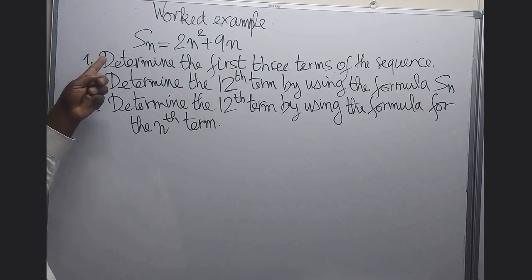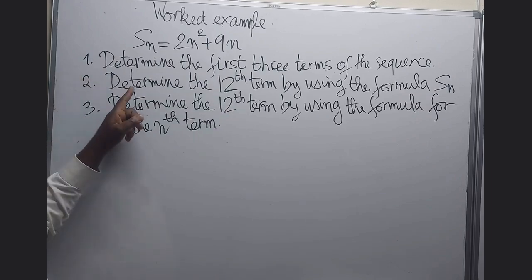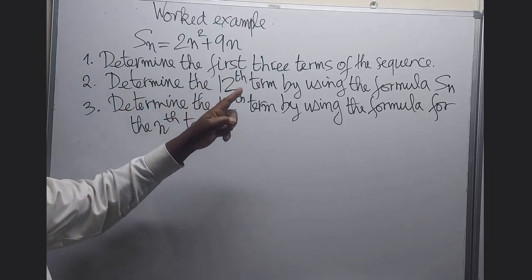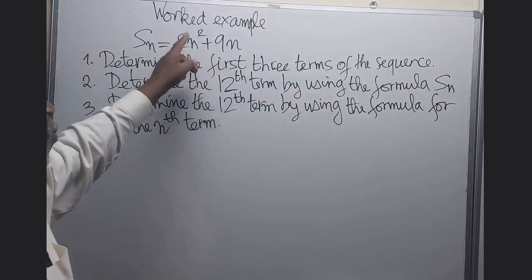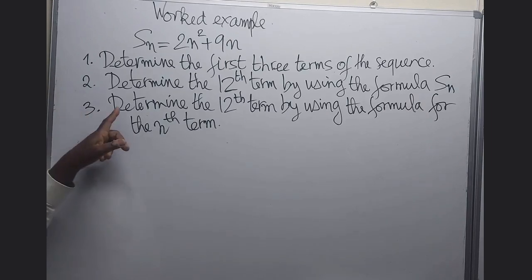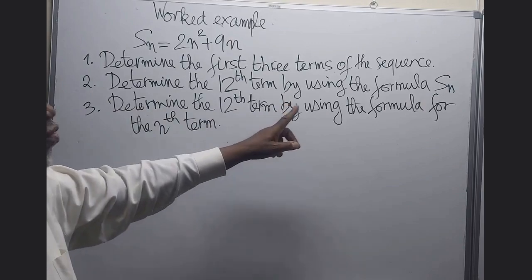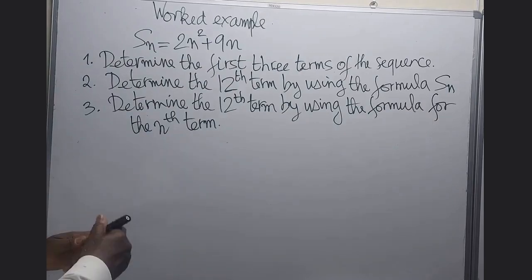First question, determine the first 3 terms of the sequence. Second, determine the 12th term by using the formula Sn, meaning Sn is equal to 2n squared plus 9n. And the third question is determine the 12th term by using the formula for the nth term.